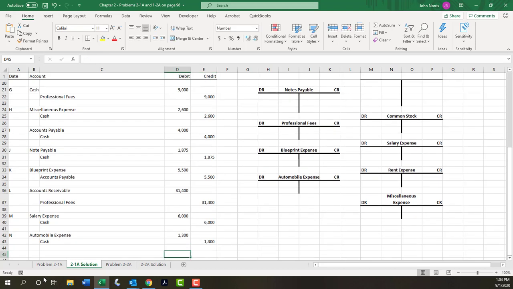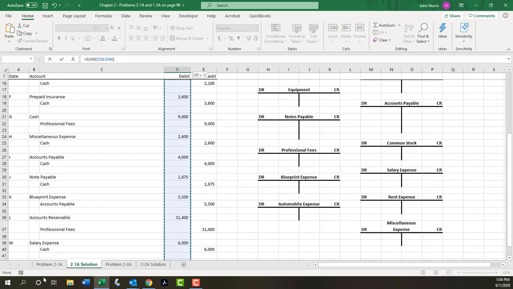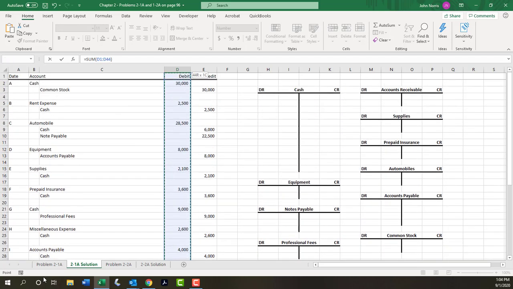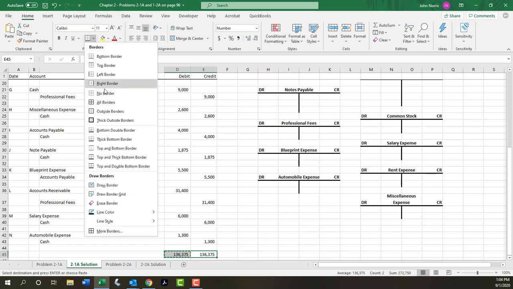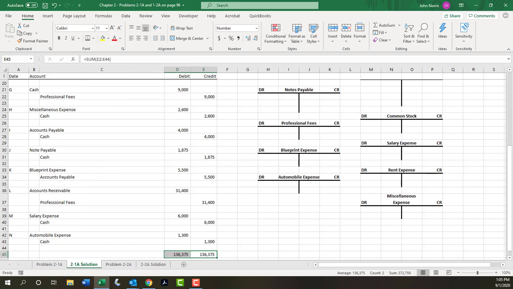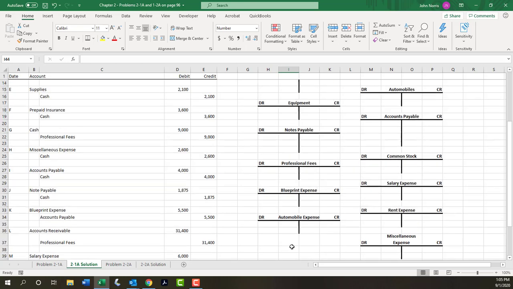If we sum up our ledger page, we get $136,375 worth of debits and the same amount in credits. So our ledger balances for the month of January.